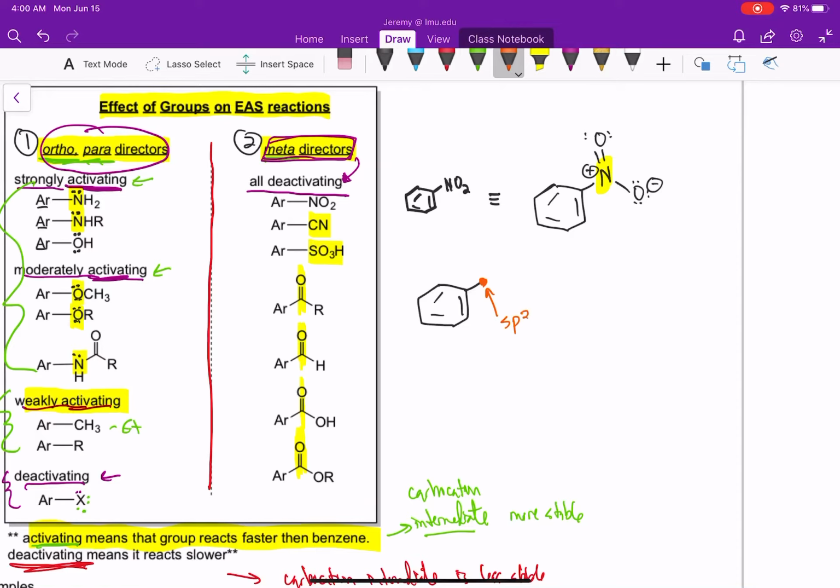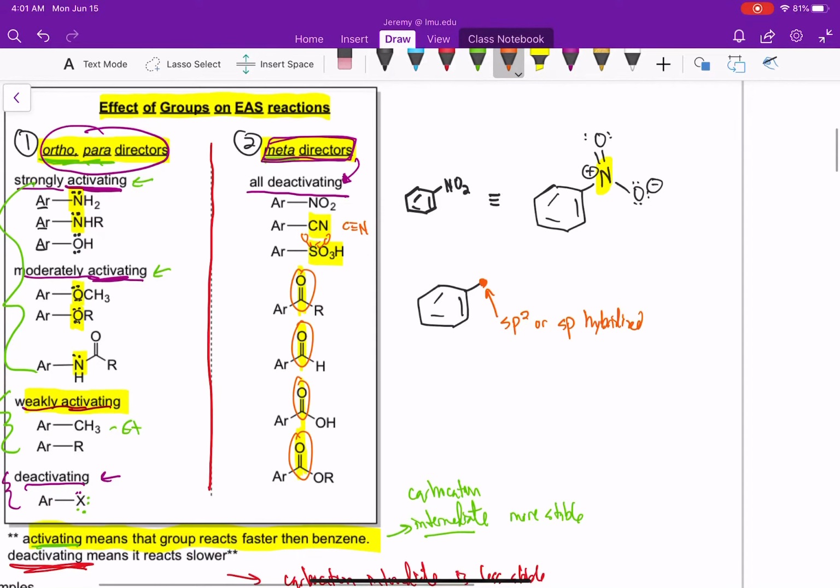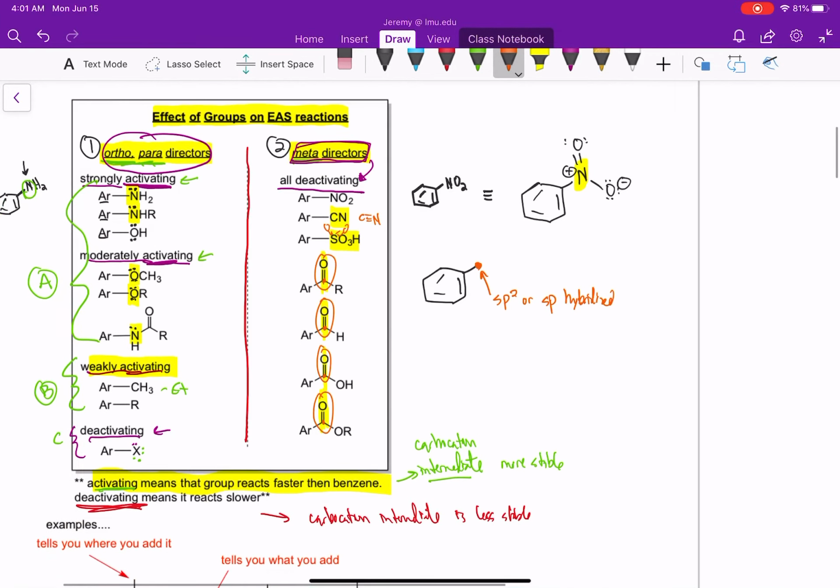It will be sp2 or sp hybridized. Okay, so we have an N double bond to an O, C triple bond to an N, SO3 has two double bonds, and any ketone, aldehyde, carboxylic acid, or ester. These all have our sp2 carbons. Those are all meta-directors.